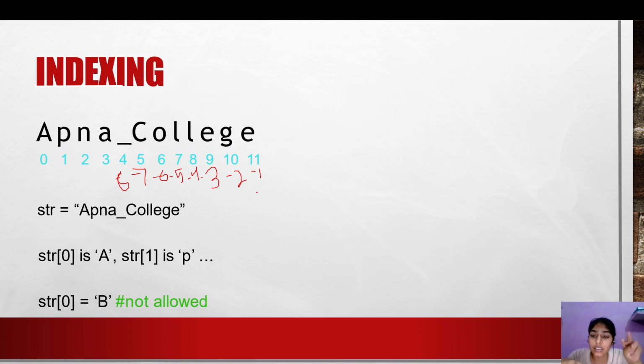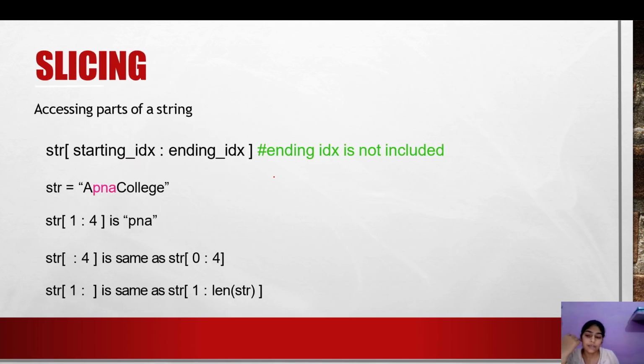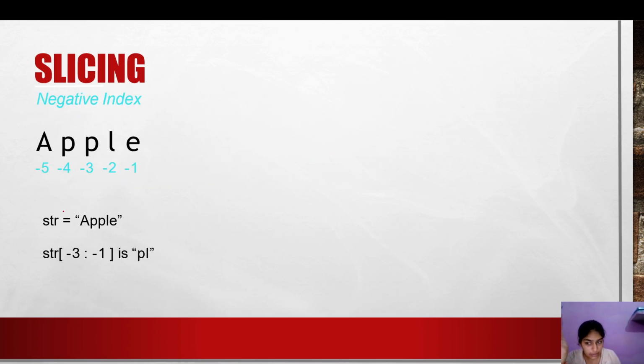The number is not same, but the person standing at 10th position from starting and 12th from the ending are same. So this is how you can get an idea of what I really want to say here, that string at 11th position is equal to string at -1 position. This is what we call negative indexing.